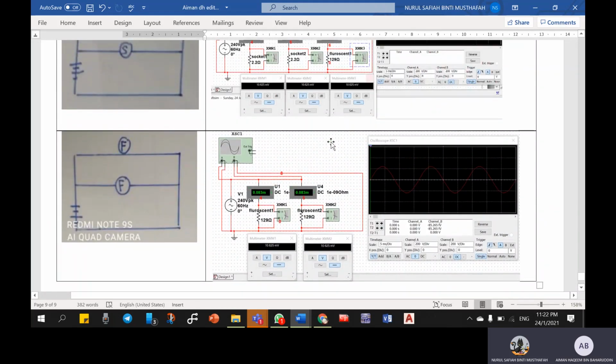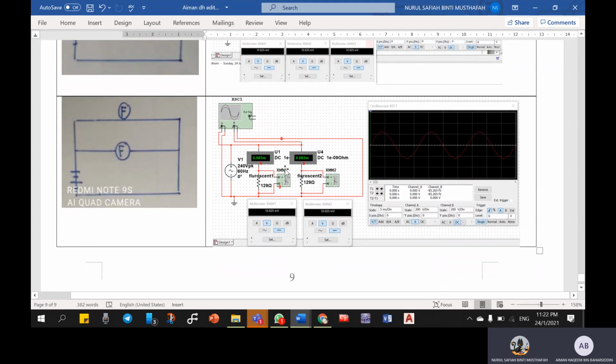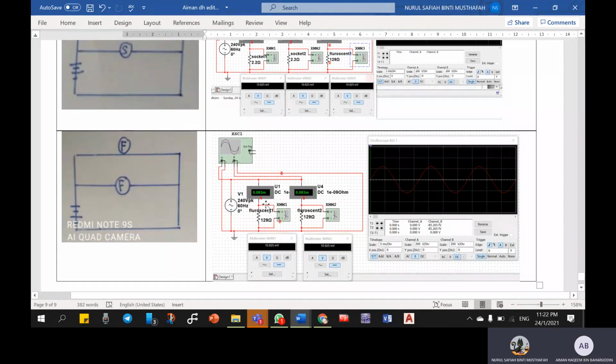The voltage is also the same in each line of the circuit.